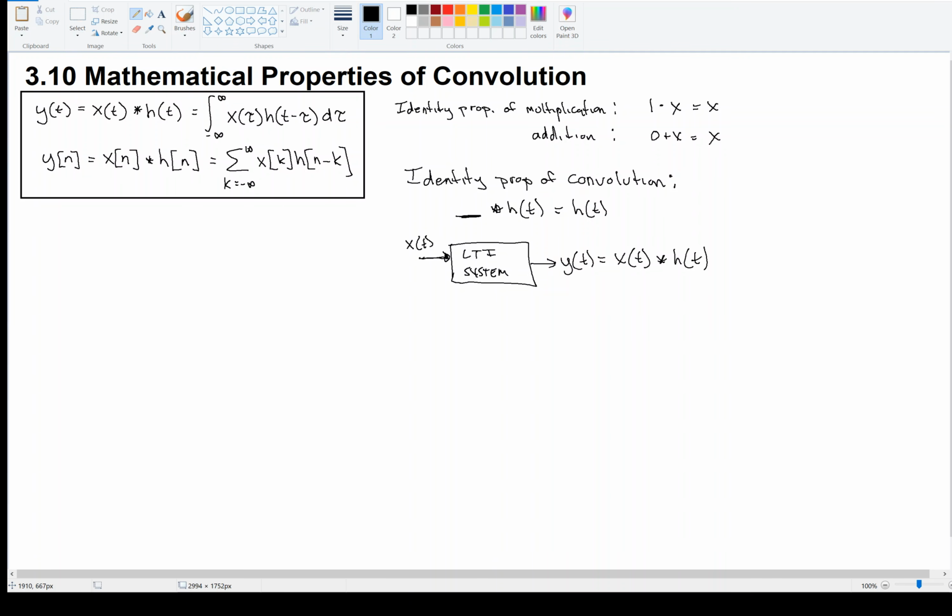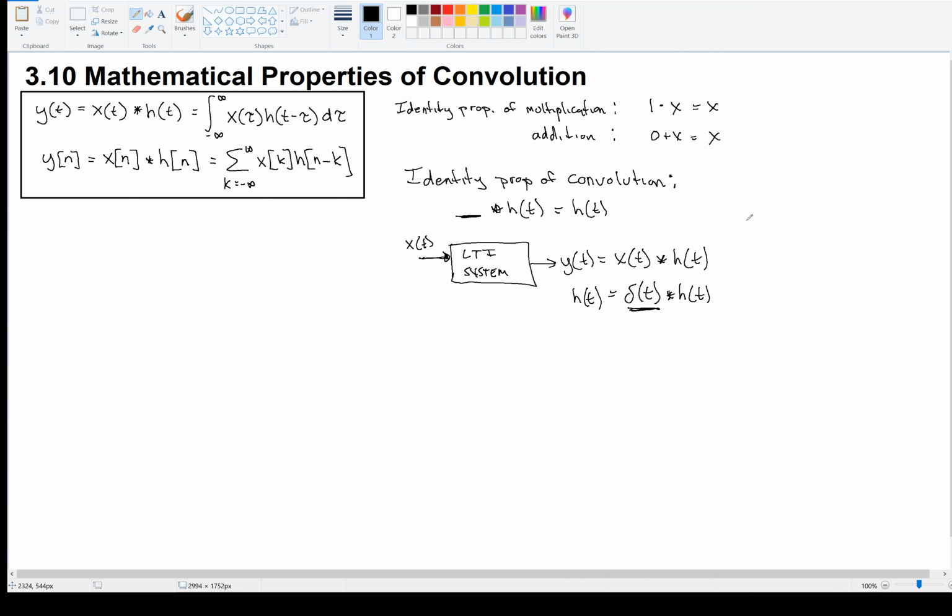So let's strategically pick an x. Let's pick the delta function. What do I get out when I put in the delta function? Well, by definition, I get out the impulse response, the response to an impulse. So here we have it now: the delta convolved with some signal gives us that signal back.